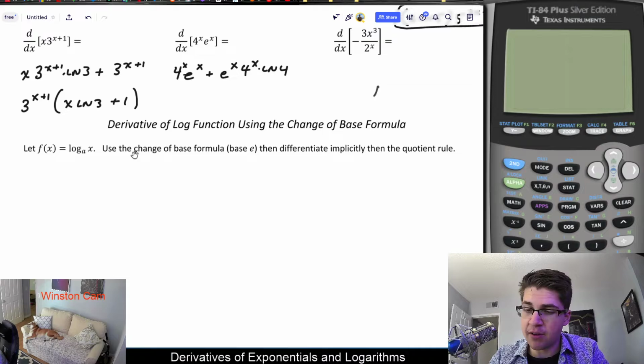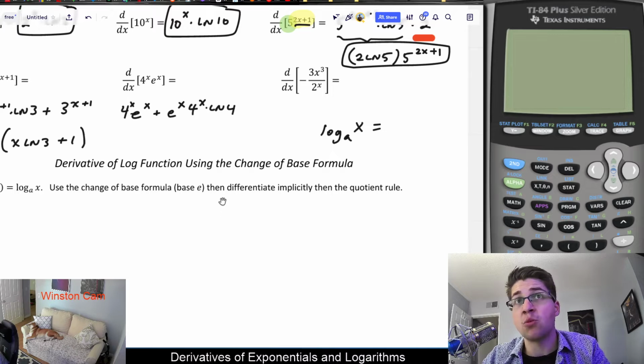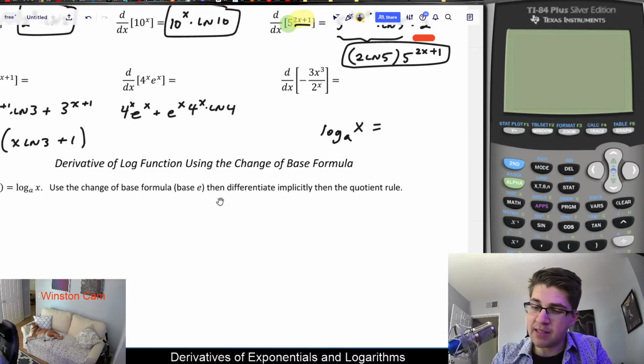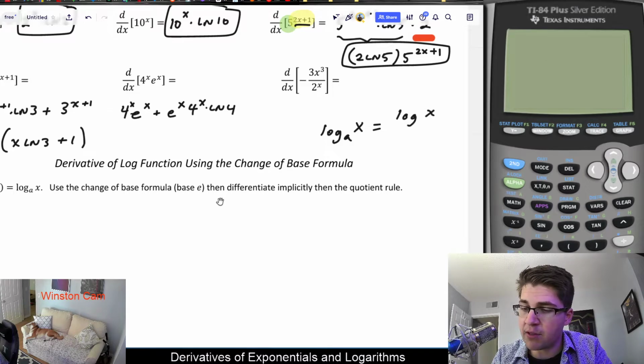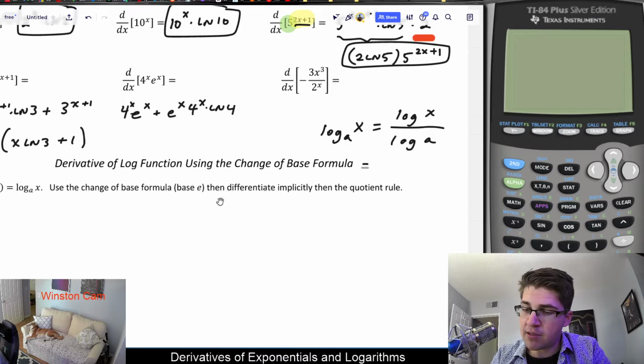Let's say we have a logarithm base a of x. Logarithms always have the property that we can change their base to whatever we want. Basically, every logarithm of any base of x is equal to the log of the input divided by the log of the base. This property works for anything. A lot of times it's written with base b, but I wrote it with a common log. Another way I could write it is using a natural log.